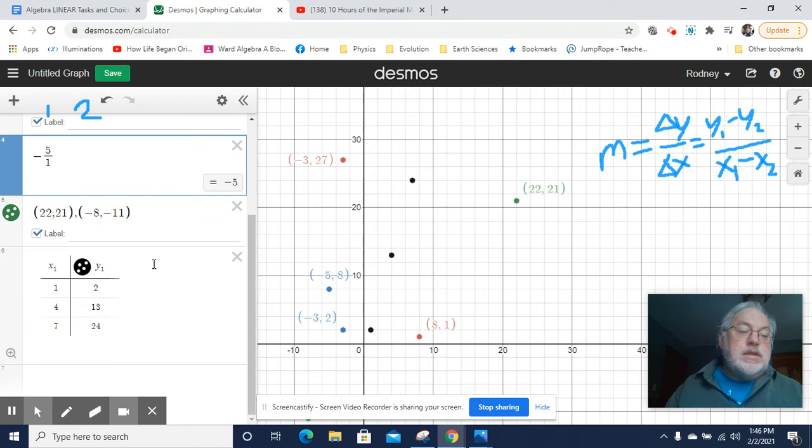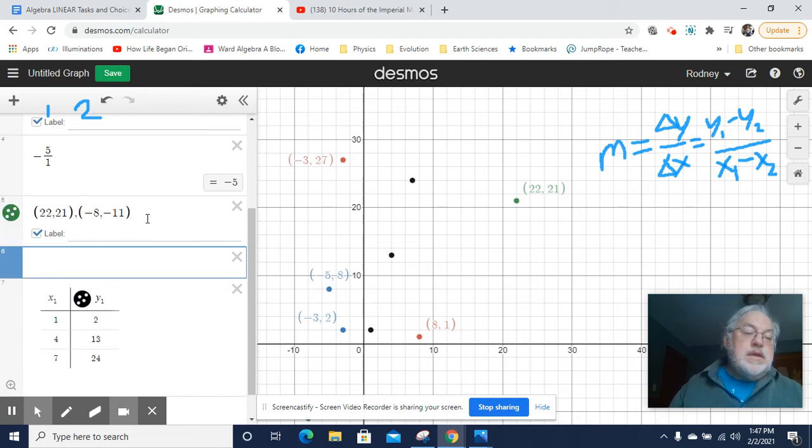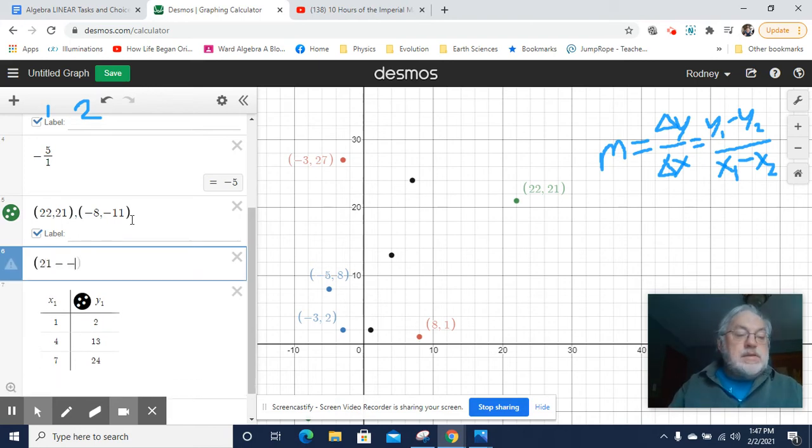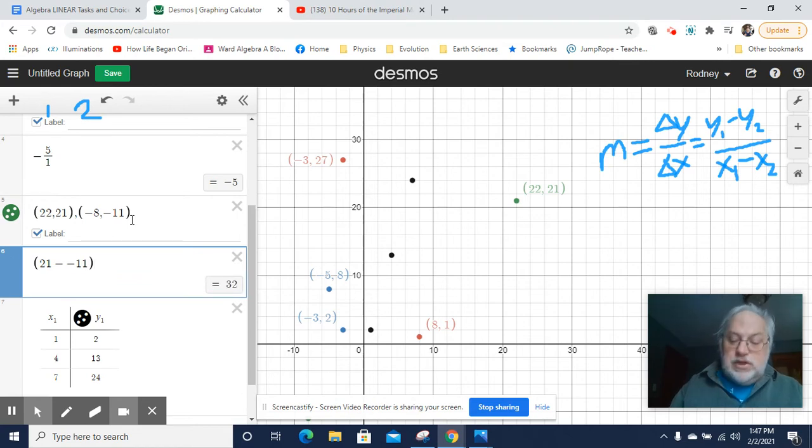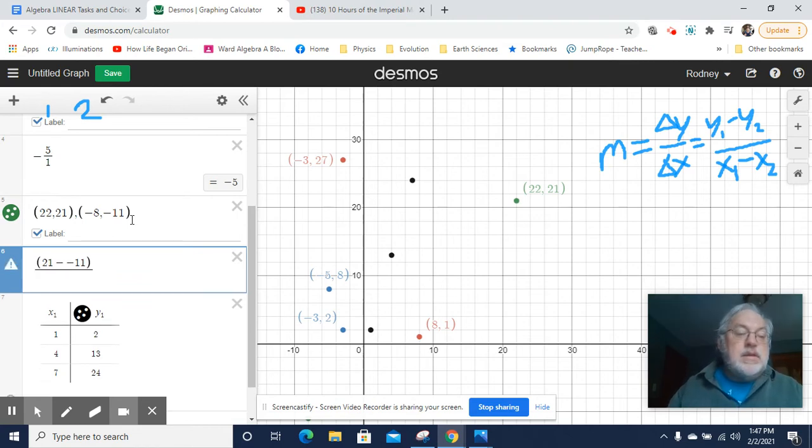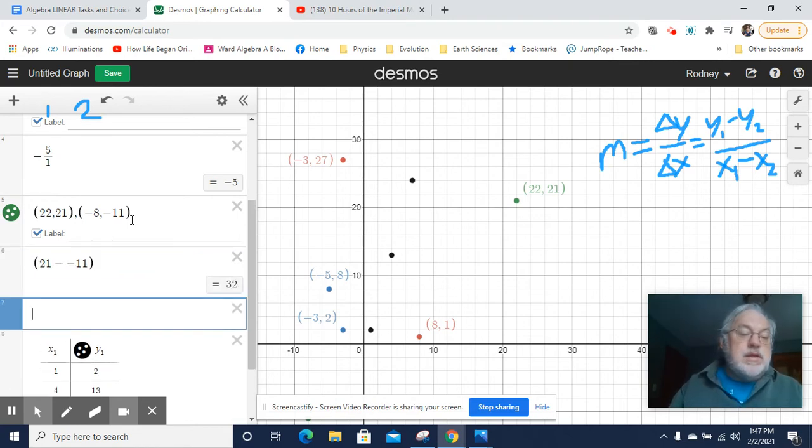All right, let's take a look at these next ones. So we'll call this point 1 and this point 2 once again. And the y value for this one is 21. The y value for that one is negative 11. So 21 minus negative 11 for the change in y, that's a 32, as you can see there.